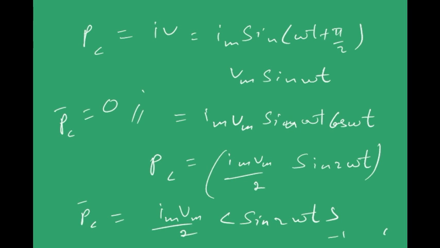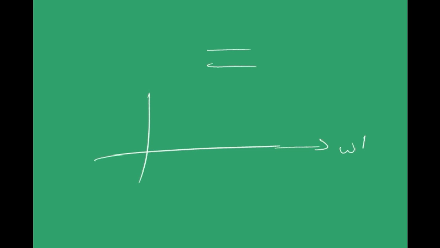And this is mathematically okay, but how to explain it? Actually, what happens is, say you have a capacitor and current was varying with omega t in this way, or something like this. So for this part, current is positive, right? So there the capacitor was getting charged.